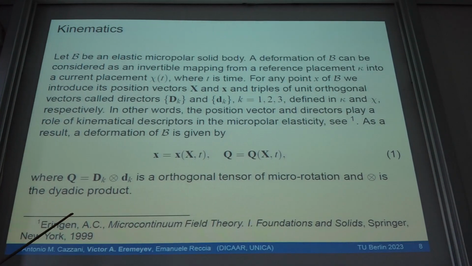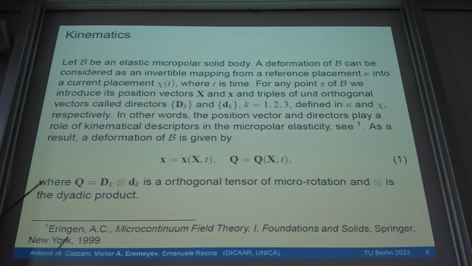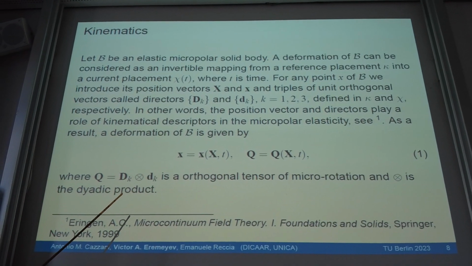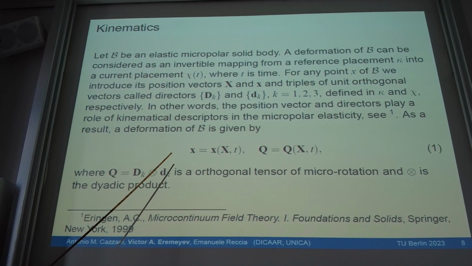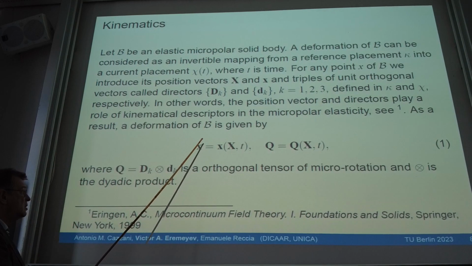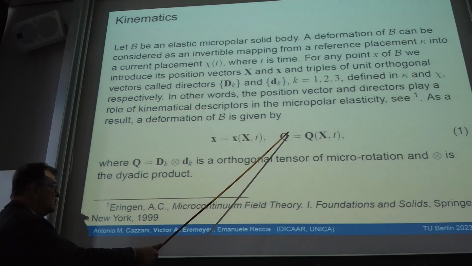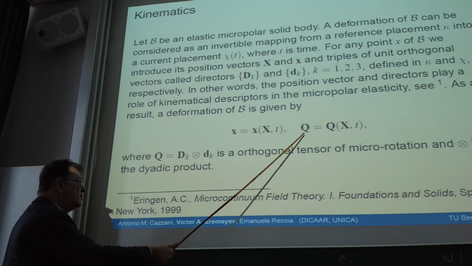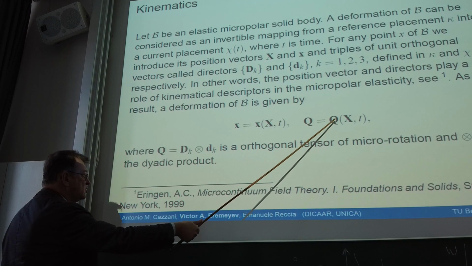Let me discuss what a Cosserat continuum is. It's just for some very short introduction. Here we have two kinematically independent fields: the position vector in the actual, current placement and reference placement, and the so-called tensor of micro-rotation. This is an orthogonal tensor, which also depends on this.